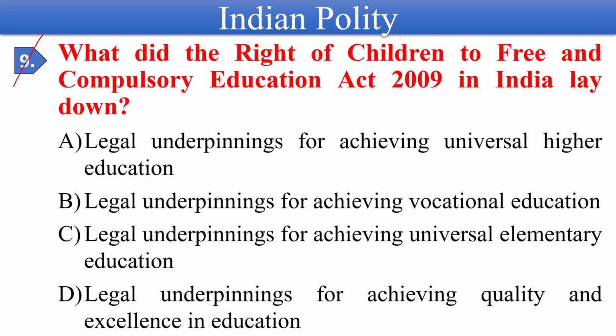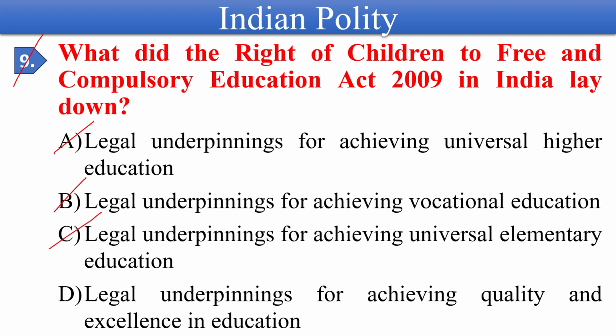Ninth question. What did the Right of Children to Free and Compulsory Education Act 2029 in India lay down? Option A. Legal underpinnings for achieving universal higher education. Option B. Legal underpinnings for achieving vocational education.